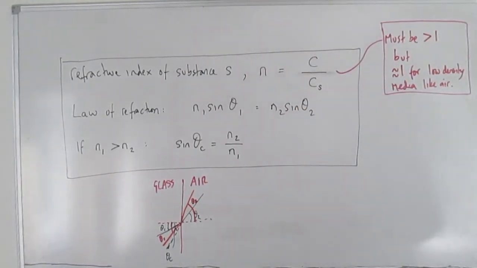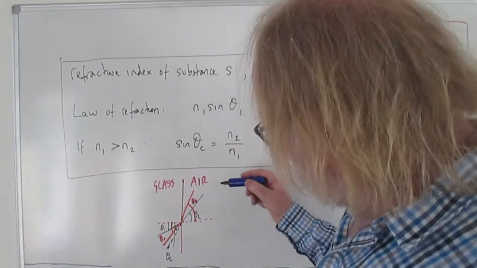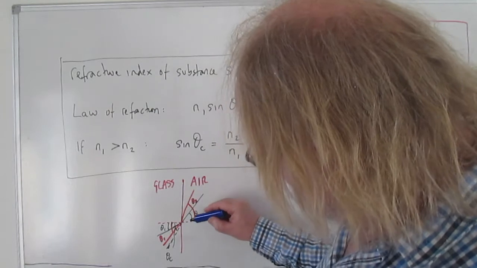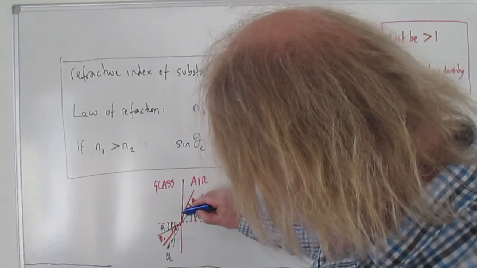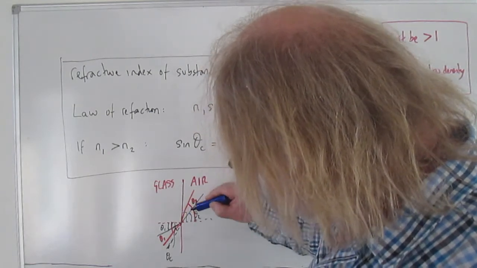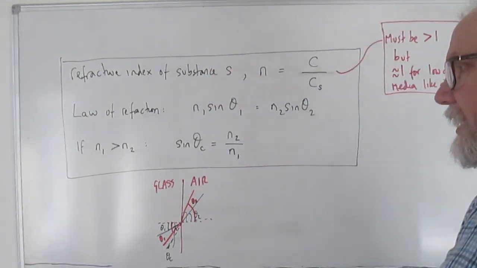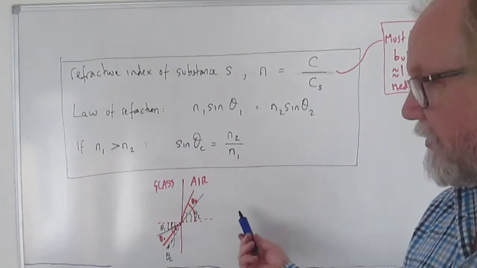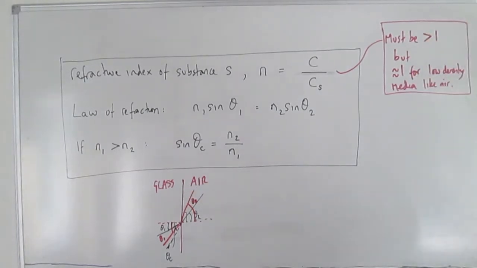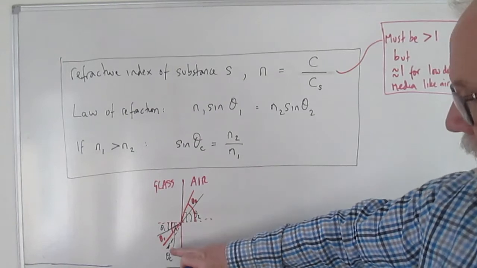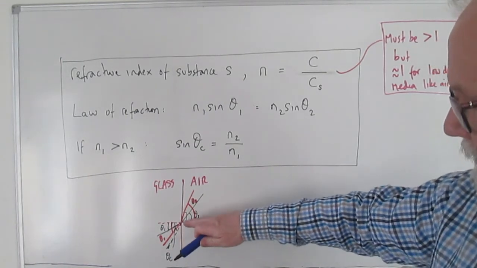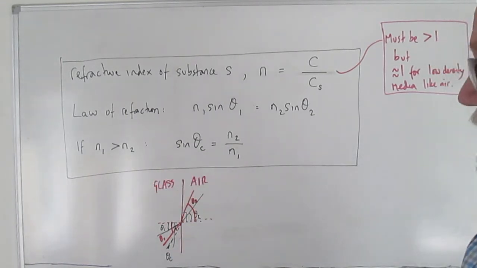What makes it critical is that when the light is refracted, it's now bent so that this angle becomes 90 degrees from the normal. And obviously that's as far as it can go, so that's the limit of where you can get refraction happening. So any angle θ1 bigger than that, there isn't going to be any refraction, and that's when you get total internal reflection.